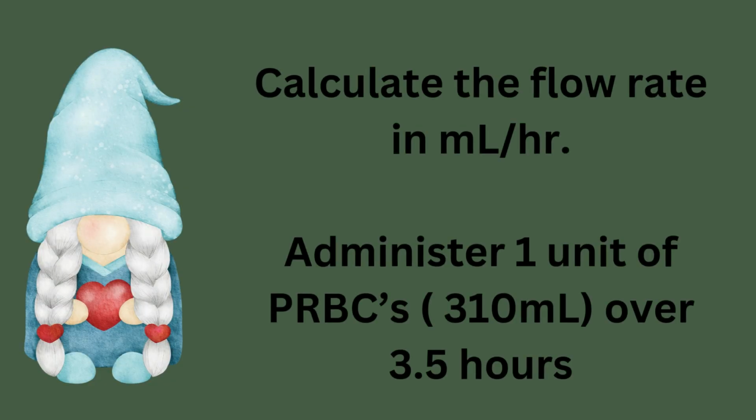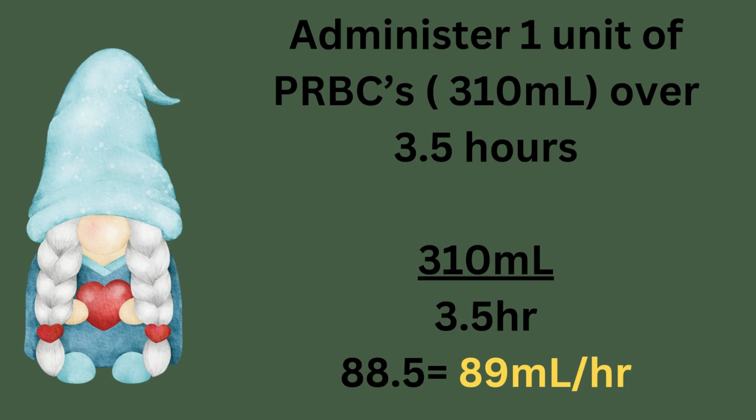Okay, let's try another problem. We're going to give 1 unit of packed red blood cells. It tells us our total volume is 310 mils over 3.5 hours. So let's look at how we're doing that one. We're going to give the total volume is 310 mils and divide it by 3.5 of an hour.